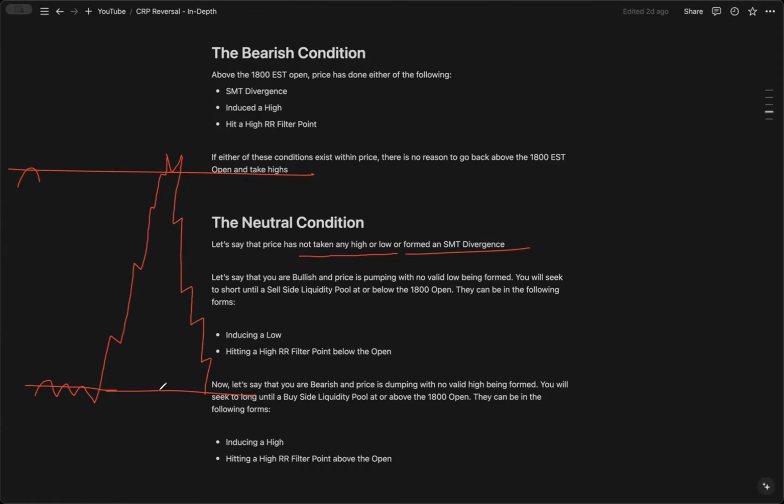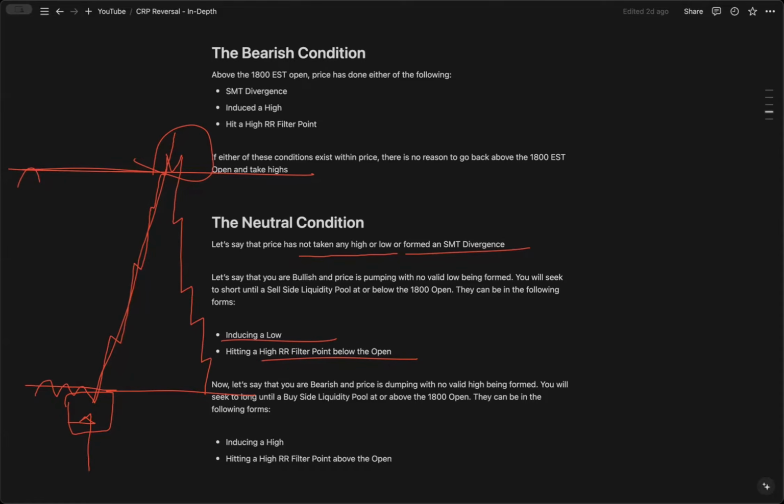You will look for price to either hit a high RR filter point below the open, or induce a low below the open. That is how you deal with a reversal profile while price is just expanding without forming a valid low, without any form of inducement happening over here. If it's just pumping, it's suspect, it's manipulation. You can sell at a key point, of course. Buy side taken, boom, sell.